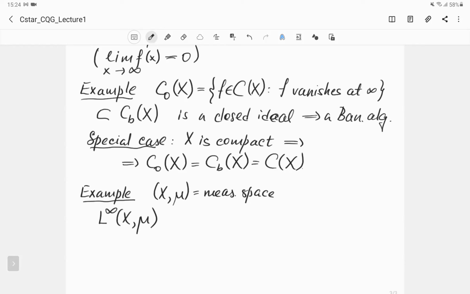Essentially bounded means that the function is bounded on a set of full measure. And as usual, two functions are equivalent if they are equal almost everywhere. So this is known to be a Banach space with respect to the essential supremum norm. And of course, it's an algebra under pointwise multiplication. It's a simple exercise to show that the norm is submultiplicative, so it's a Banach algebra.